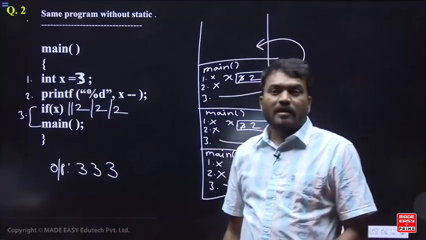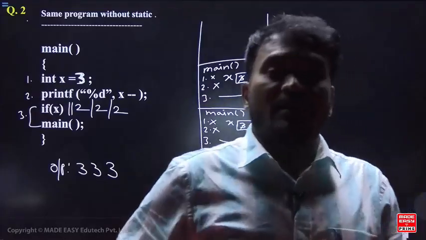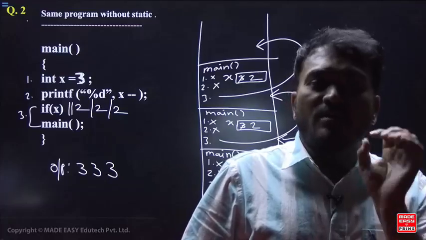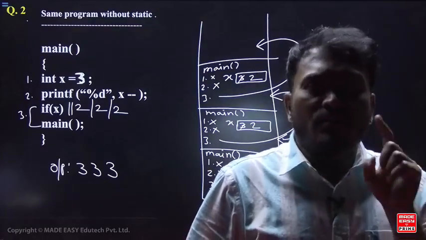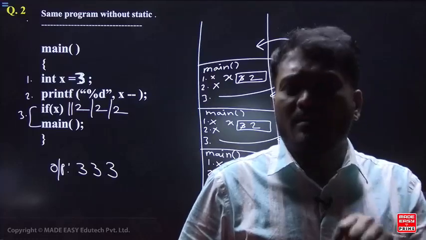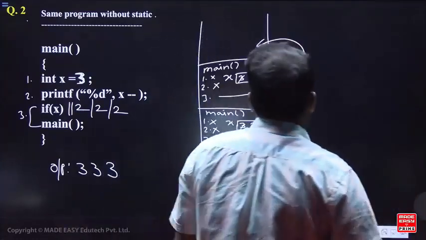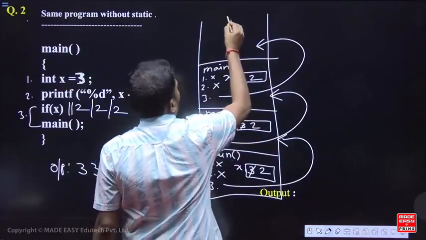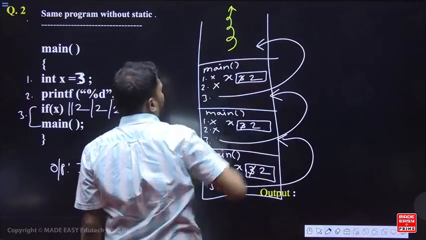That is the reason in yesterday's class I told the important point: recursion should definitely have a termination condition, otherwise it will go into stack overflow. You are pushing main function again and again, so it keeps creating and pushing activation records.